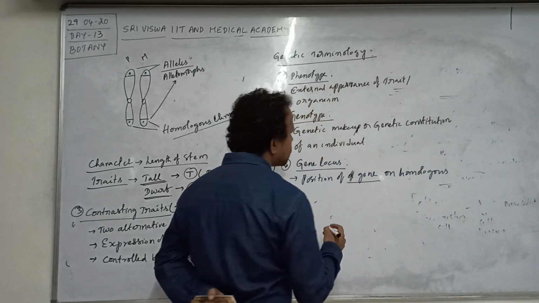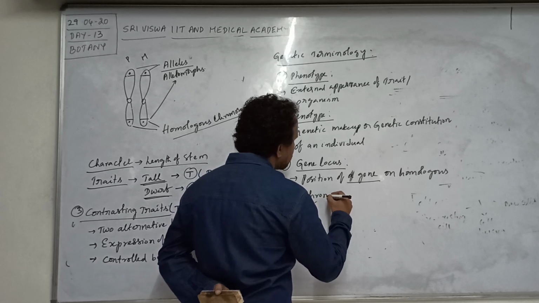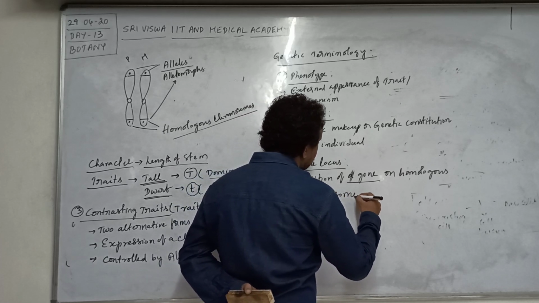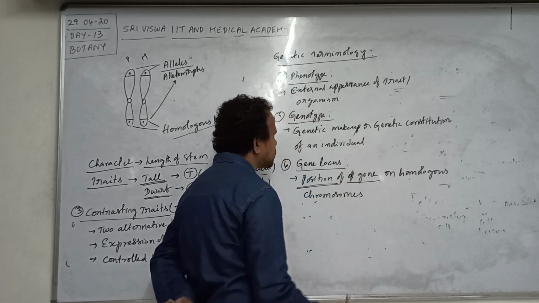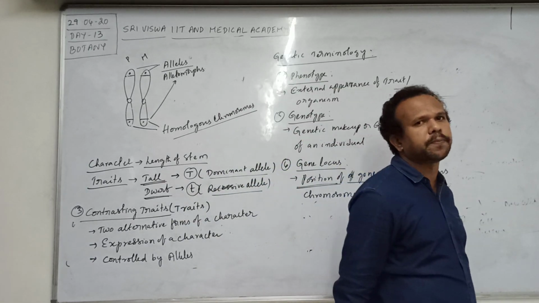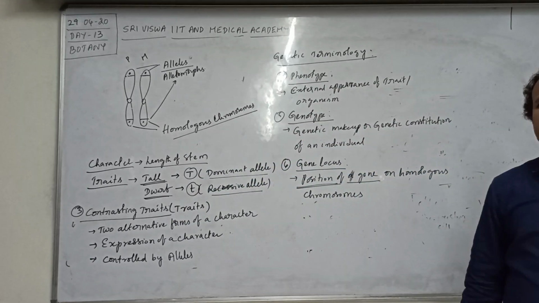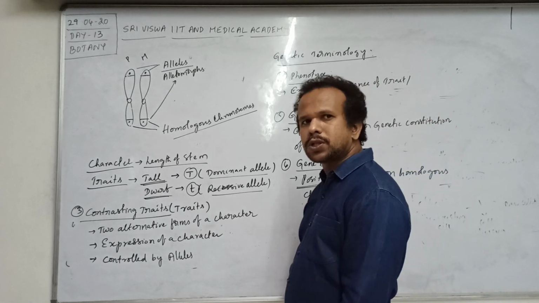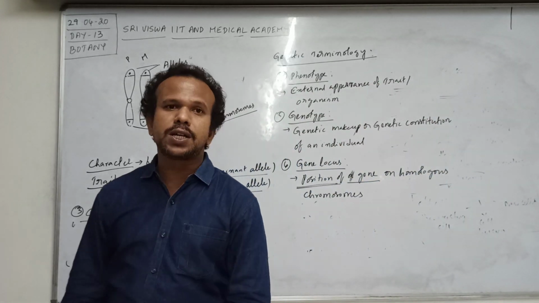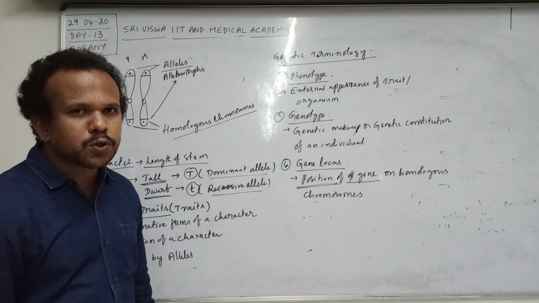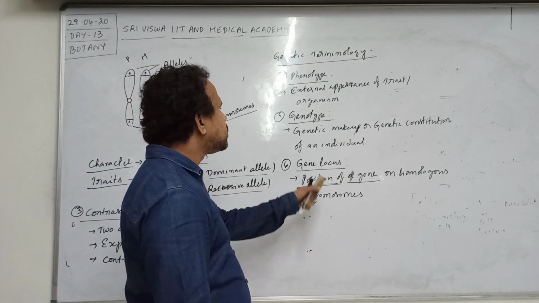Position of a gene on homologous chromosomes is called gene locus. Locus is nothing but the position. Position of a particular gene on homologous chromosomes is simply said to be gene locus.